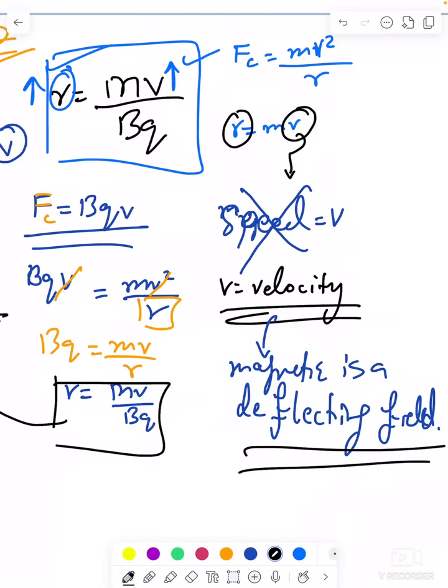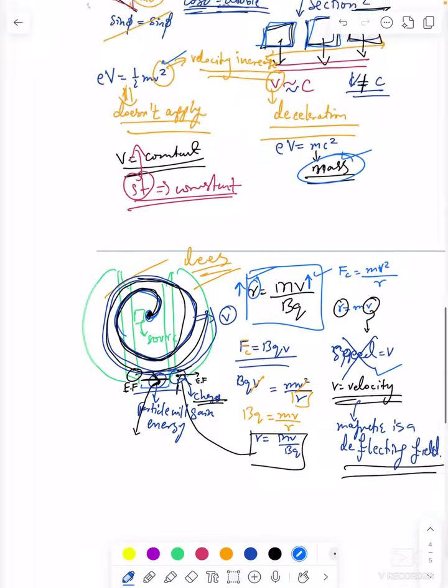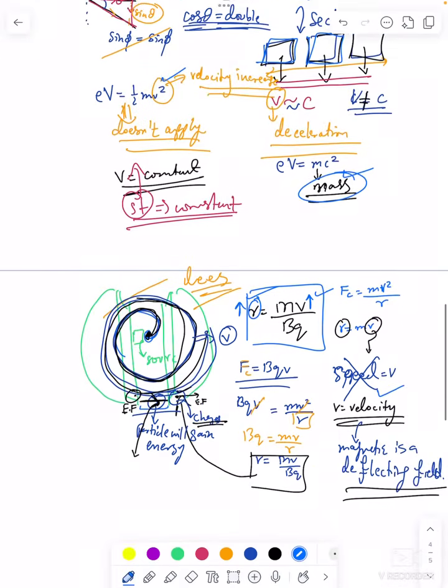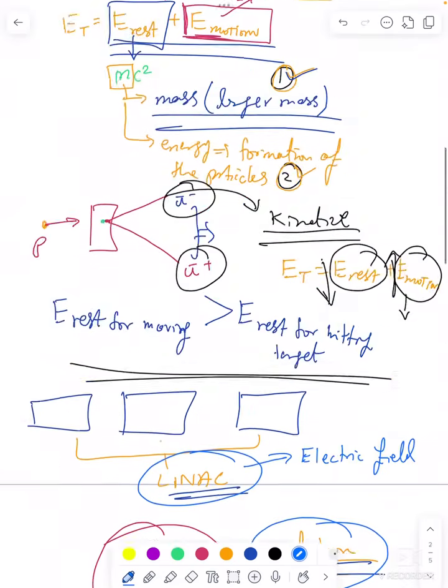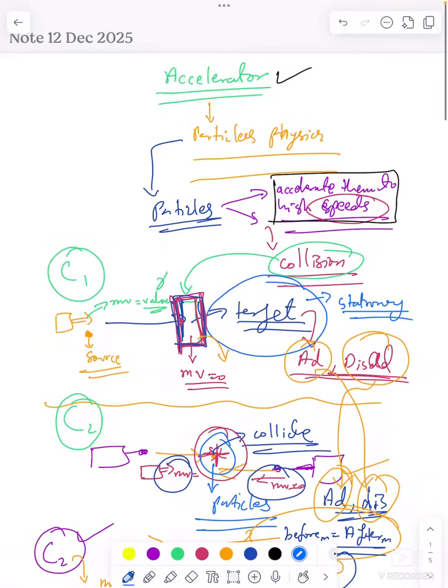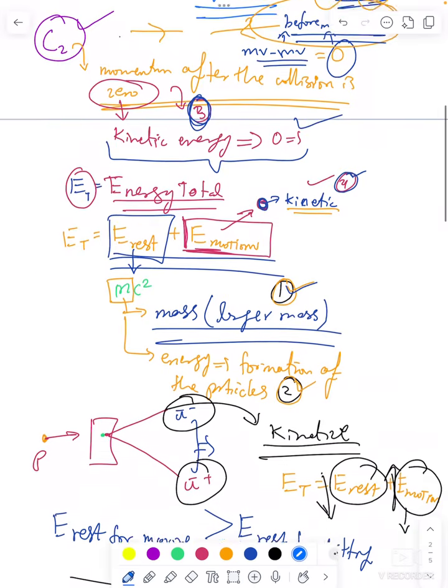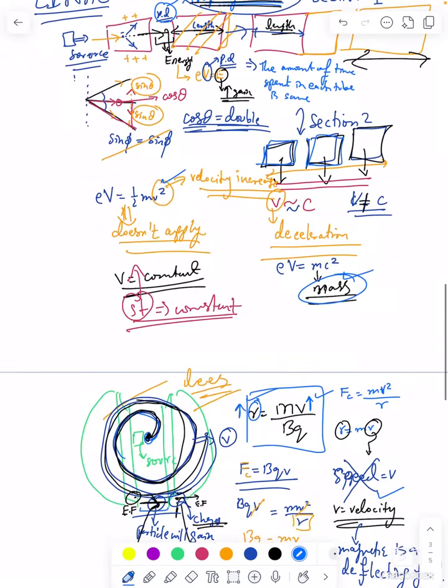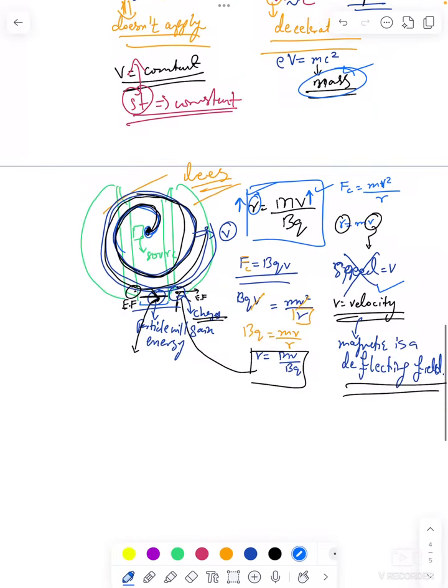It causes no change to the magnitude, only the direction changes. That's why we talk about velocity, not speed, for the equation. And yeah, that's it for the particle physics accelerators.